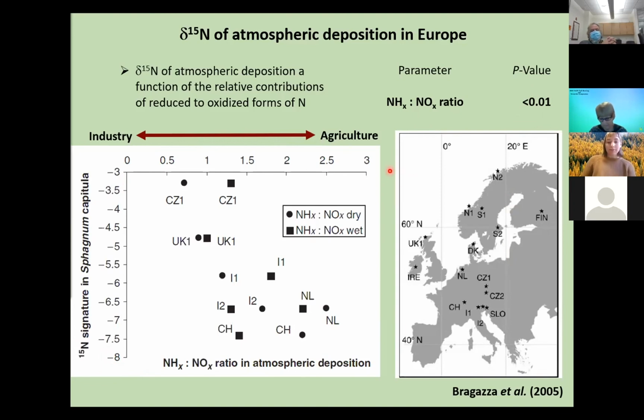They found that bogs located in areas characterized by greater emissions of ammonia, which, if you remember from the beginning of this talk, are mainly affected by agricultural activities, had sphagnum moss with lower delta 15 nitrogen compared with bogs that were in areas dominated by nitrogen oxides, which are mainly derived from industrial activities. So their findings suggest that the type of nitrogen prevailing at a given locality as a consequence of human activities significantly influences the delta 15 nitrogen signature of the mosses.